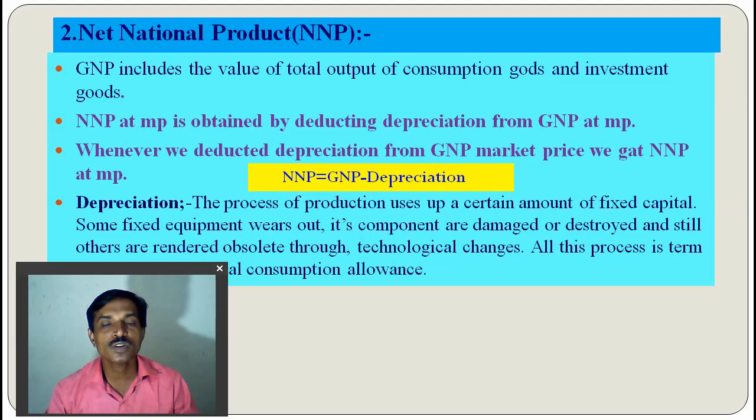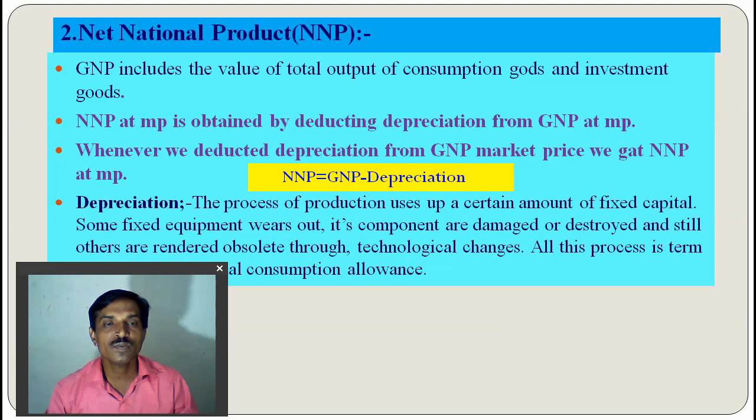In the process of production, we use a certain amount of fixed capital. Some fixed equipment wears out, some components are damaged or destroyed, and others are rendered obsolete through technological changes. All this process is termed depreciation or capital consumption allowance. So the wear and tear cost and maintenance cost of buildings and machinery we call depreciation.